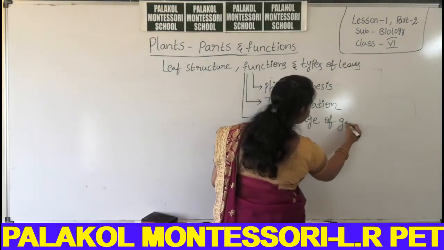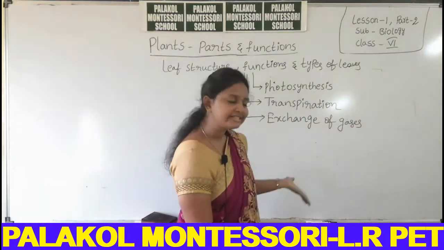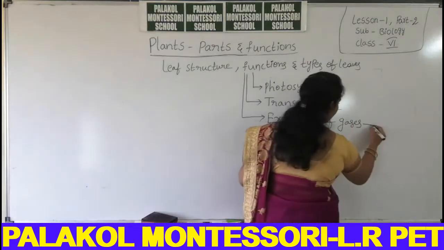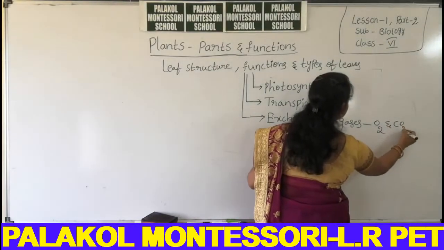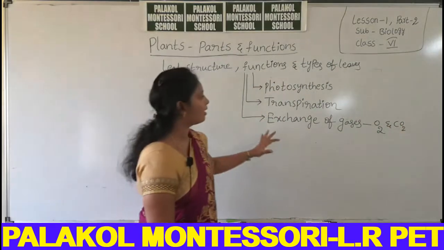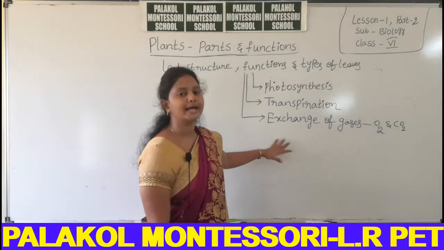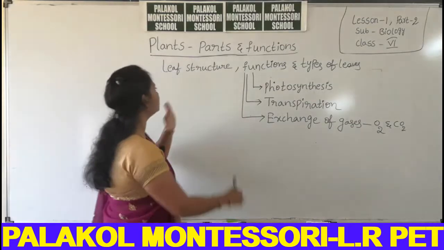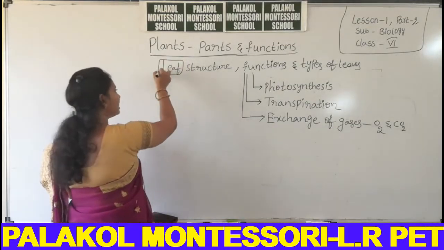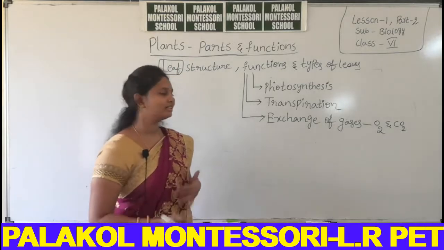The gases exchanged here are oxygen and CO2. Oxygen and CO2 are gases exchangeable in the plant body. These three functions are related to the leaf. We will discuss one after the other.